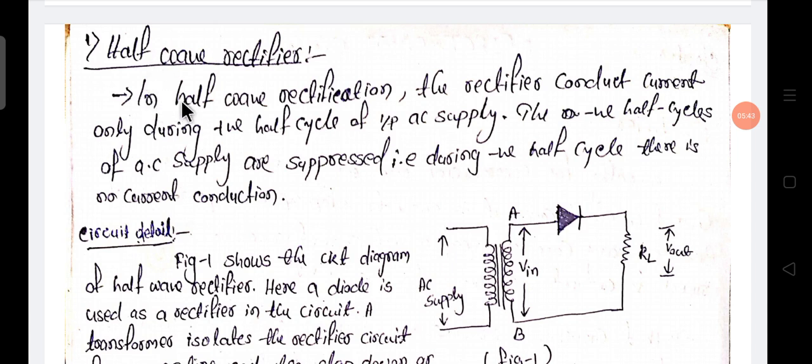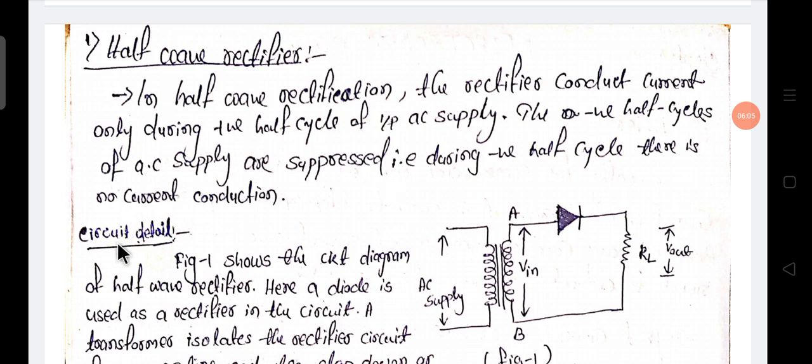So in this half wave rectifier, the current only conducts for the positive half cycle of the input signal, and the negative half cycle of the supply is suppressed. That means there is no current conduction for the negative cycle of the input AC signal.